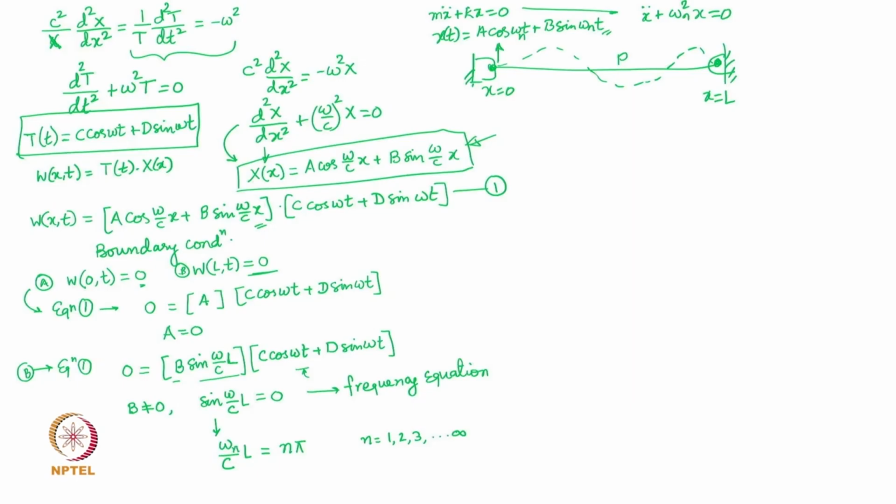Depending upon the value of the integer n that you choose, it will give you the nth mode natural frequency. So I can write the natural frequency omega n for the stretched string as n pi c over capital L. That basically is the natural frequency of the stretched string.